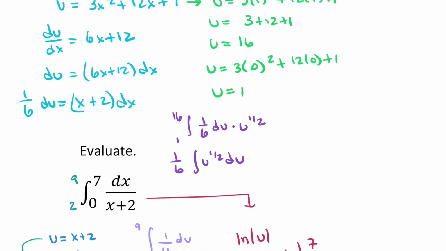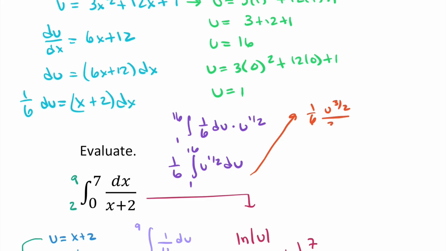That's really nice and clean from 1 to 16. Now that's going to be 1/6 u to the 3/2 divided by 3/2, from 1 to 16. I don't need to go and do anything else. There's no substituting needed.